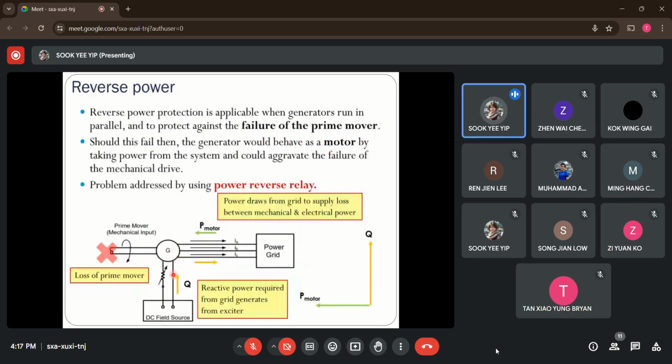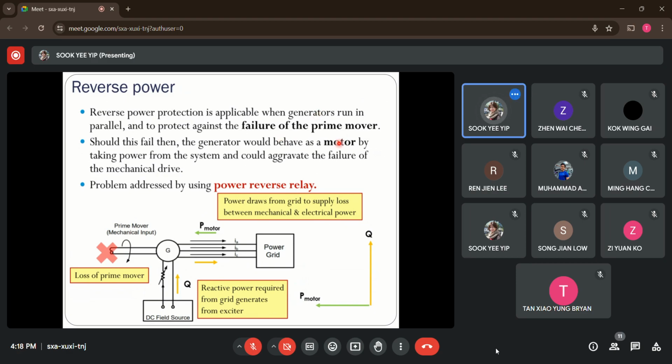Now let's talk about the abnormal operating condition for generators, which is reverse power flow. It's a kind of mechanical failure, I can say. In the event of a failure of the prime mover, which means no motion is given to the generator, the generator will turn into a motor.